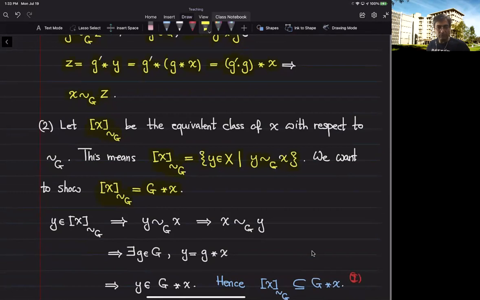I have to start with one point in one of them, show that it belongs to the other one, and vice versa.